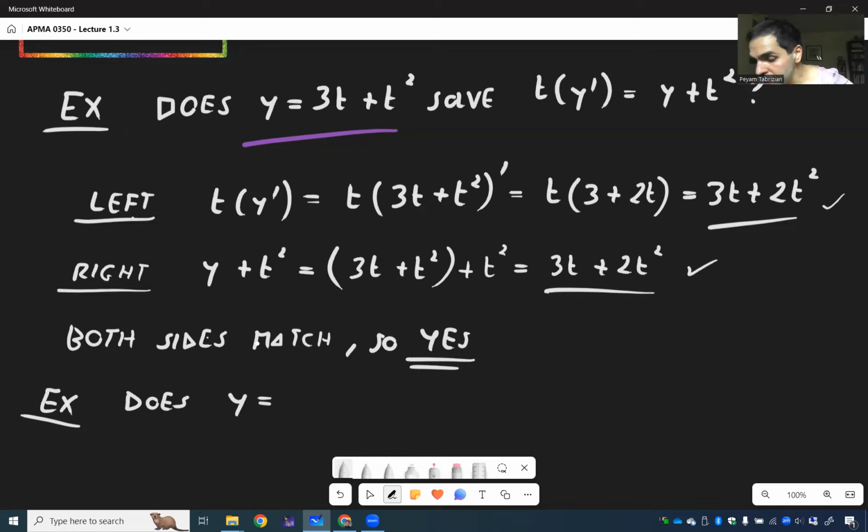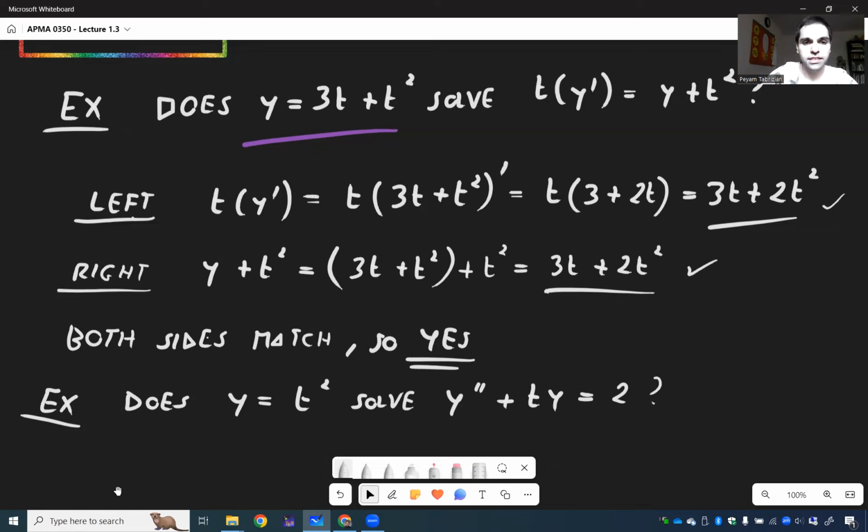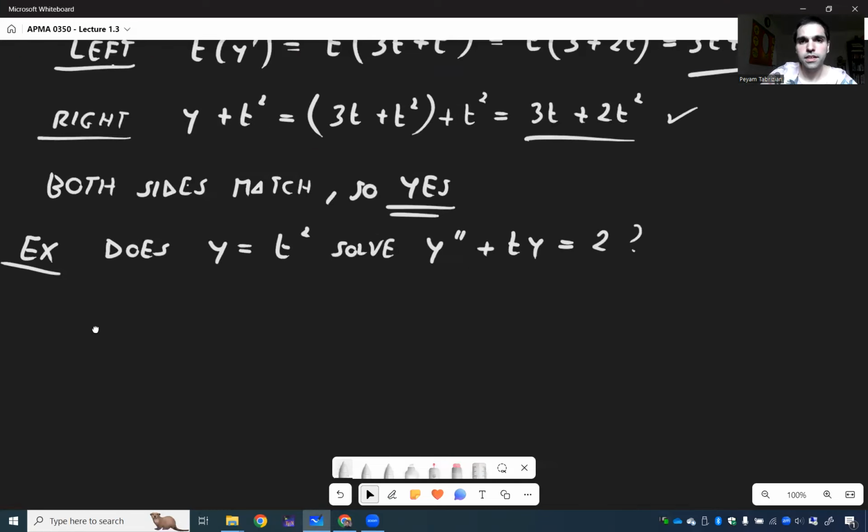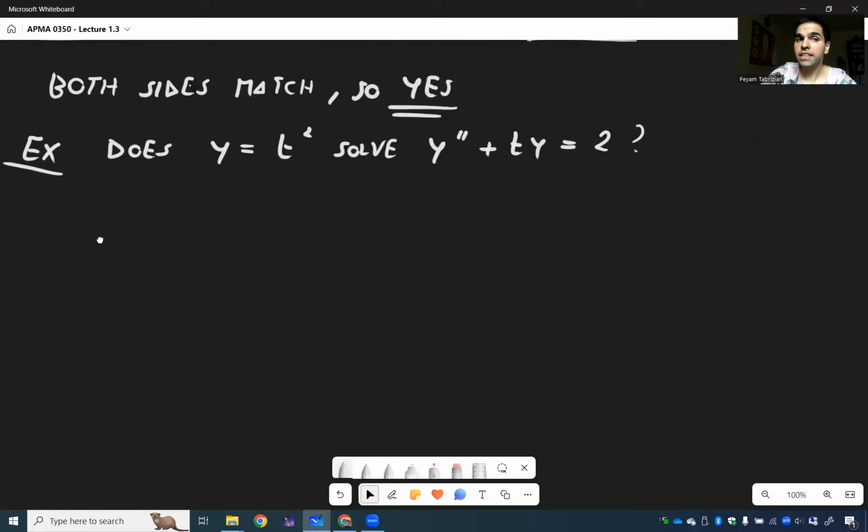So does y equals t squared solve y double prime plus ty equals 2? Let's see. So let's plug in t squared on the left-hand side and t squared on the right-hand side and see if it matches.